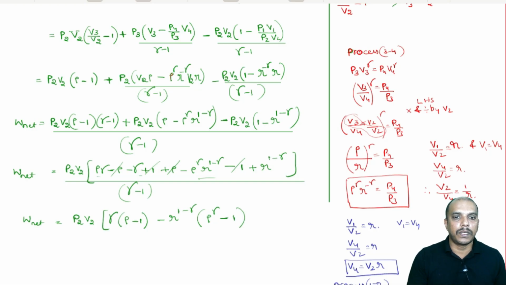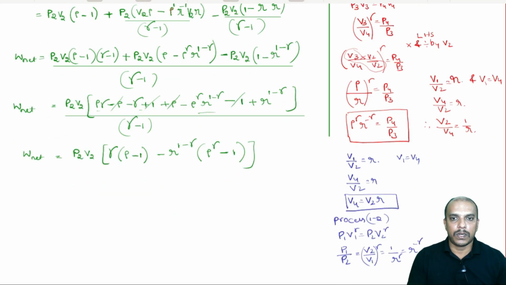So if you multiply, it should give us the same answer. Let us check. So minus rho power gamma R power 1 minus gamma, and this will be plus R power 1 minus gamma. So that is okay. Now this is the expression of work net.